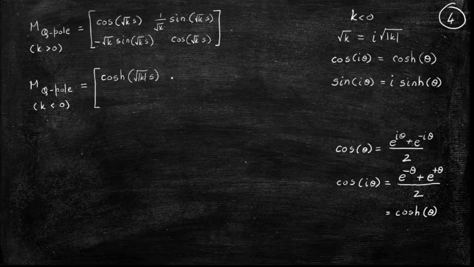Correct? Yes, sir. Here you will get one I in the denominator and one I in the numerator, and they will cancel.